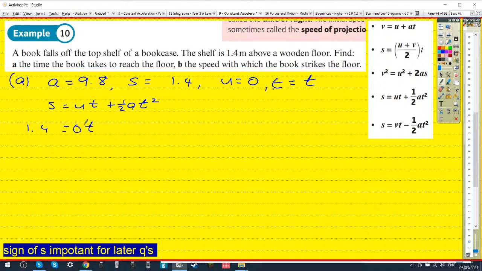Yeah. 0 plus a half of a, so a half of 9.8 times t squared. Oh yeah, t squared.